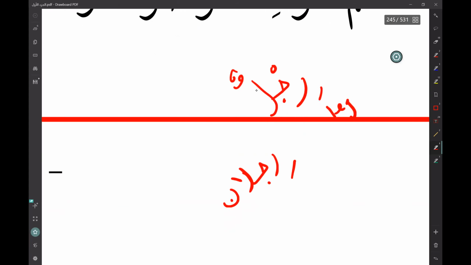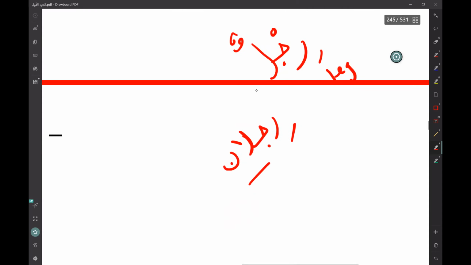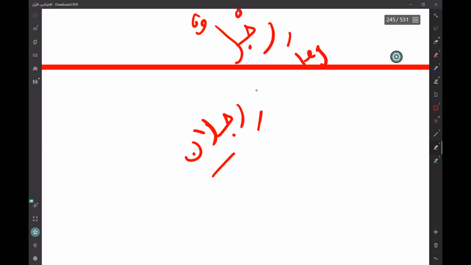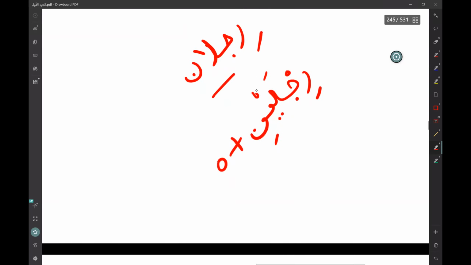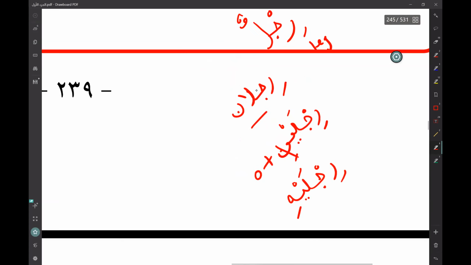But now you want to use this word in object form, so you have to say rijlaini. Now you want to put a possessive pronoun, so you have to drop this noon: rijlaihi. Make sense, guys? It's math, very simple stuff.